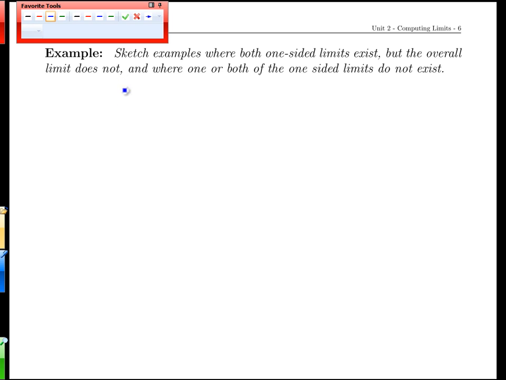Just to give us more of a range and some ideas of how these things can work or not work, or exist and not exist, let's talk about functions where both one-sided limits exist, but the overall limit does not. That's actually pretty straightforward. Imagine that same example where we had the function coming down and stopping, but then after that, the function was, say, x squared minus 2.